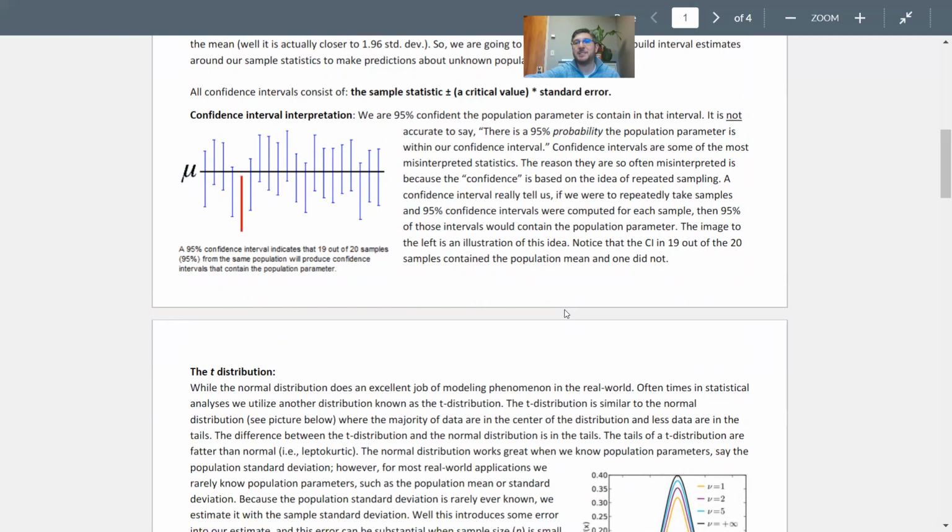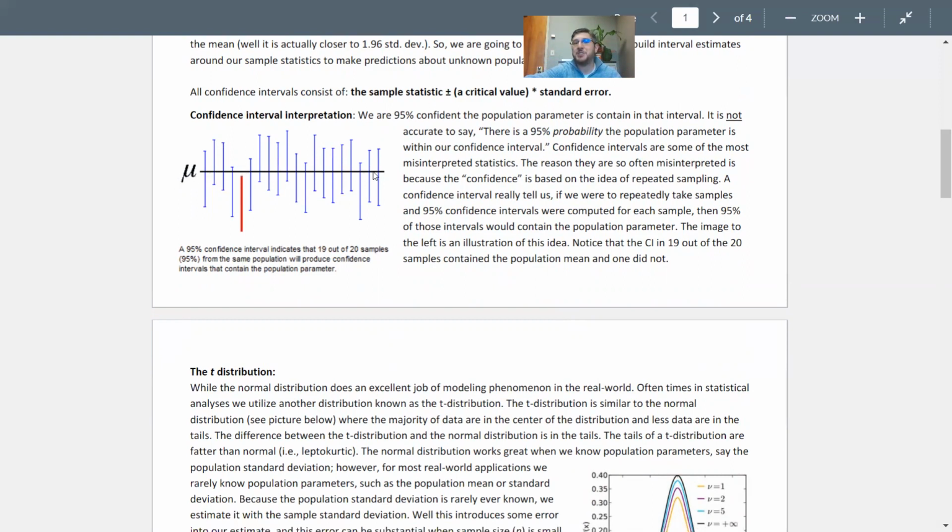Our confidence is based on the idea of repeated sampling. If we were to repeatedly take samples from the population, calculate a mean, and calculate a confidence interval, and do that a large number of times, then 95% of those confidence intervals would contain the population mean, and 5% would not. That's what this picture is supposed to illustrate.